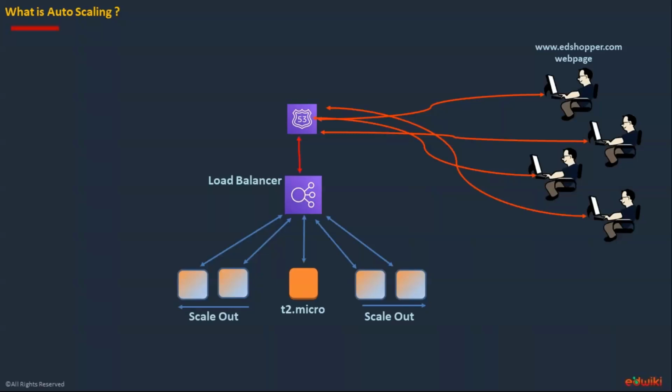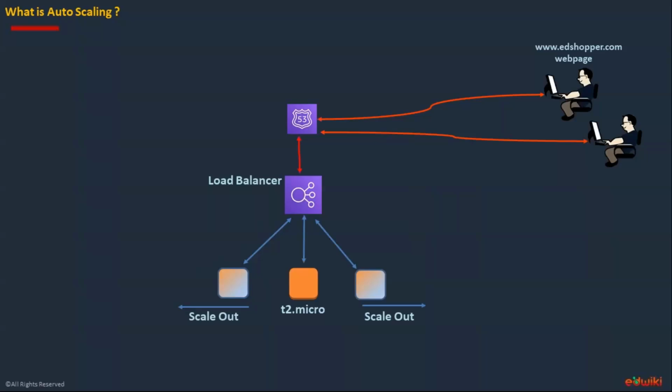So when the users go down, AWS will automatically start terminating the servers as well. When it thinks that this many servers are not needed to handle the load, it automatically terminates the servers to align with the current on-demand requirements.